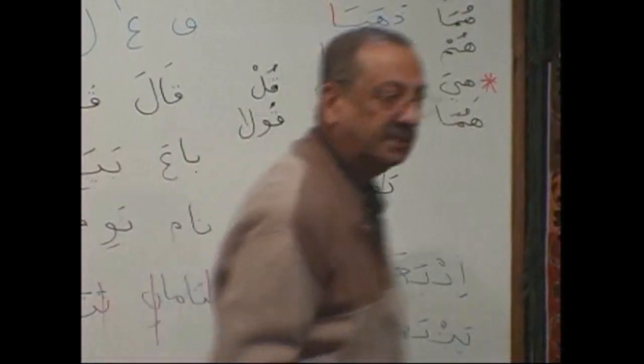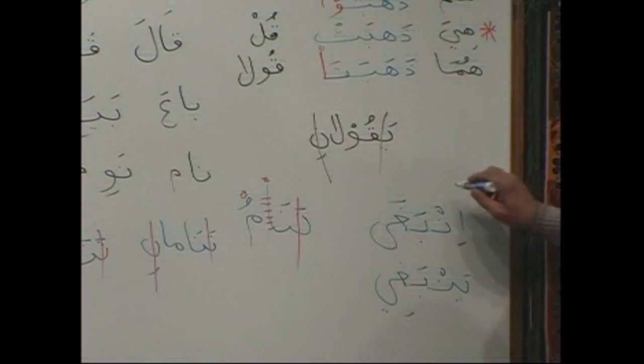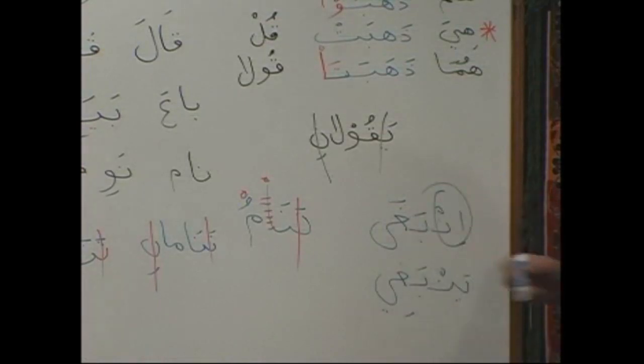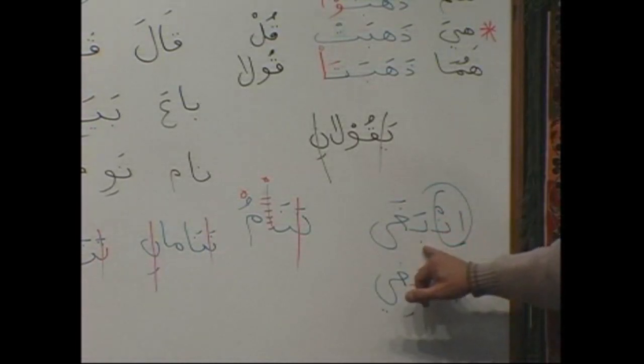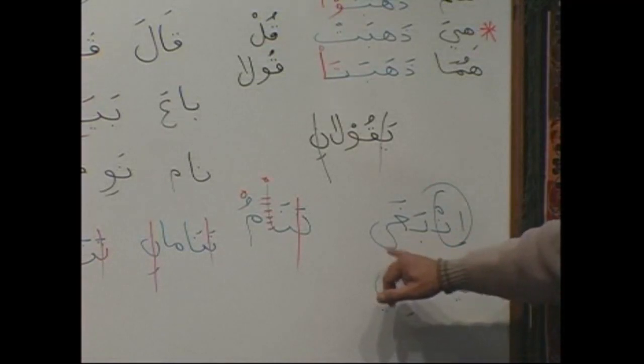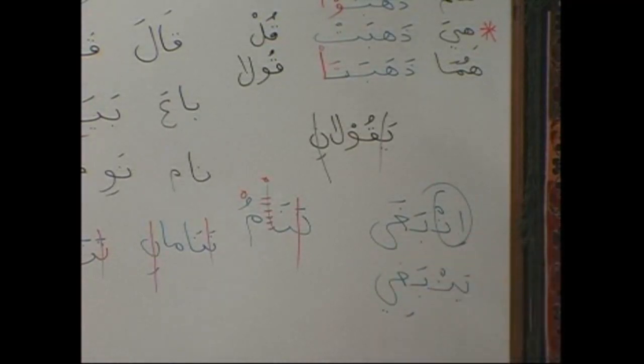Brothers and sisters, this verb is called form 7. In this, brother, what are you adding? In. You add in to the three-letter verb. So what is the root here? Bagha. Inbagha, and then the mudari' is yanbaghi.